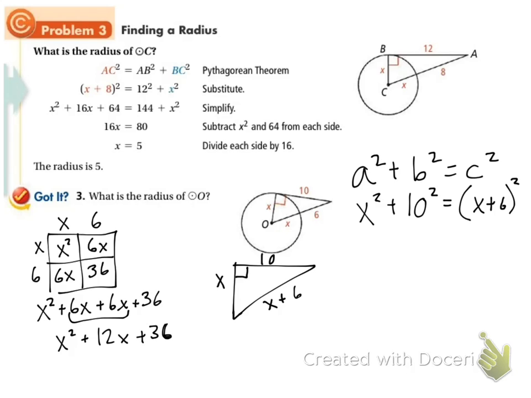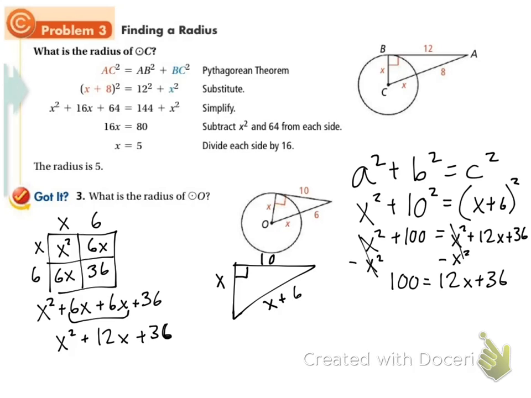So I can plug that in right here if I've got room. And on the left side I get x squared plus 100. So you might be like, oh no, there's x squareds. Don't worry, we can just subtract an x squared from both sides because they're on both sides, so they cancel out. So we get 100 is equal to 12x plus 36.